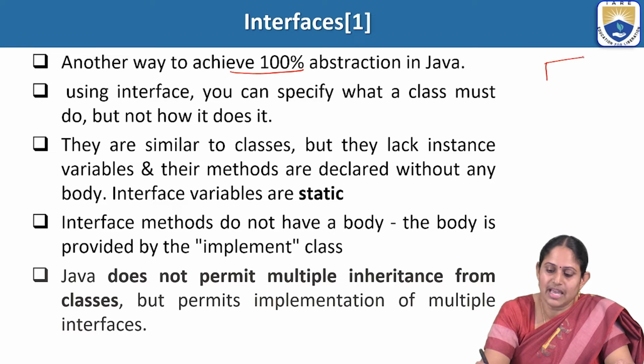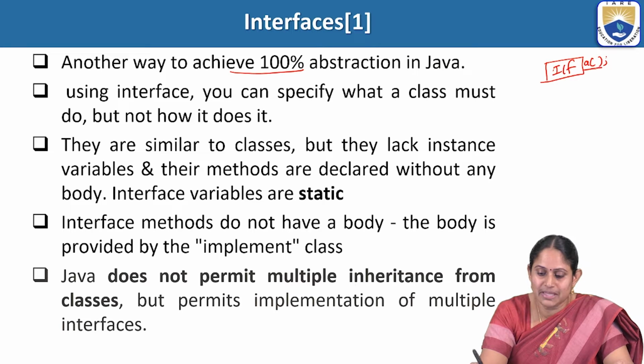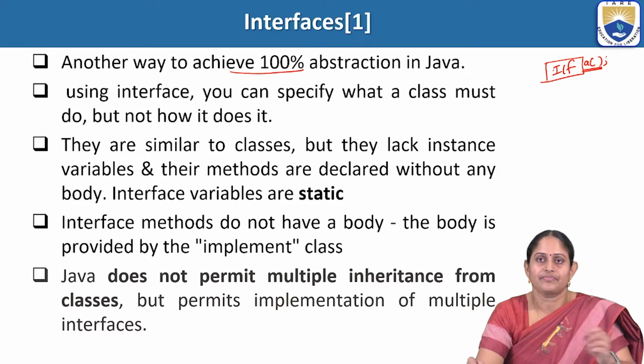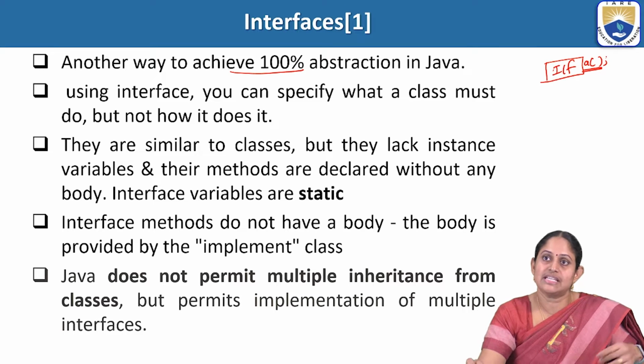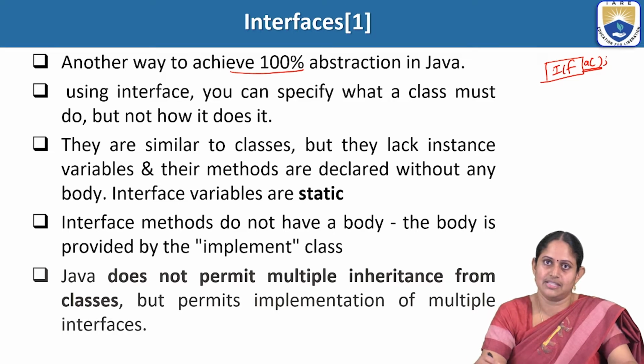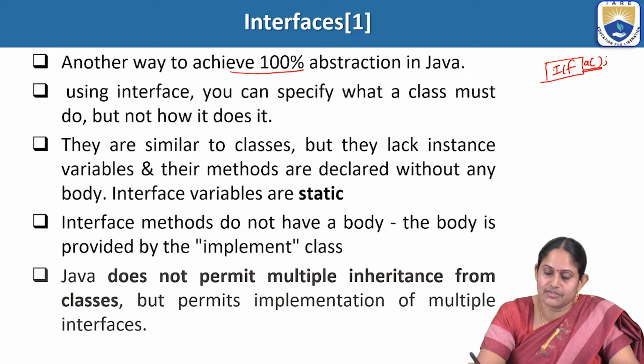For example, if we have an interface, and we have some method, say A, in it, this will be abstract. That means this method will not have any body defined inside the interface. The body of the method available in the interface has to be defined by the class which is implementing it.